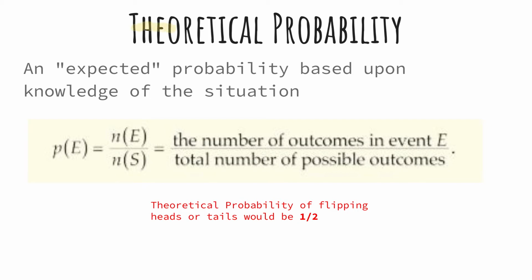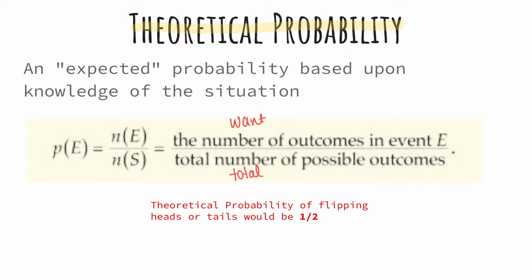Now, theoretical probability, on the other hand, is what is expected to happen. So it's an expected probability based upon the knowledge of the situation. To discover this, you're going to take the number of outcomes in event E. So the way I say this is the numerator is what you want to happen, divided by the total.